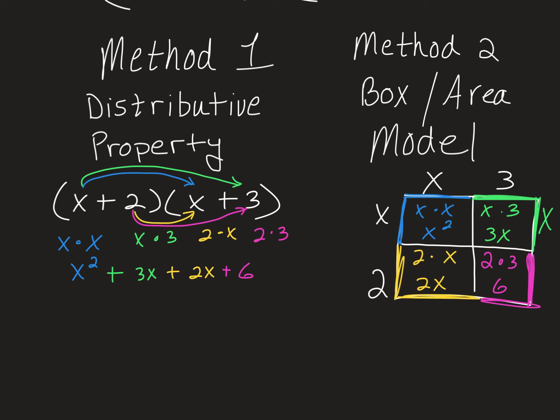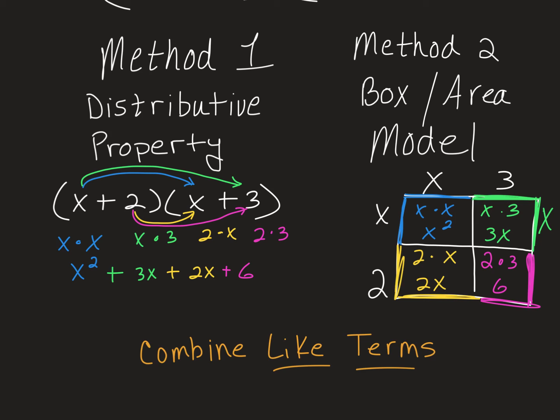Now that we've done the multiplication, we also have to combine any like terms that we might have. So that would be our second step after we have done the multiplication. And so remember, that means you can only put things together that have the same variable and the same exponent. That's what we mean by like terms.